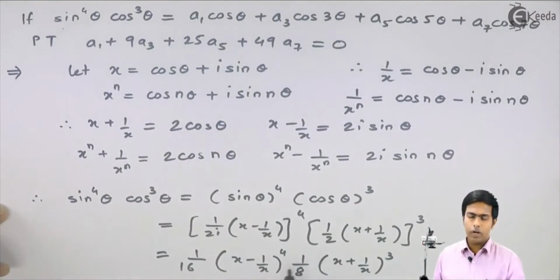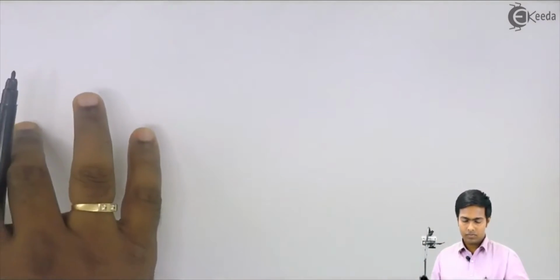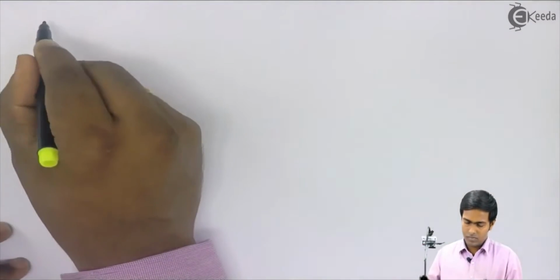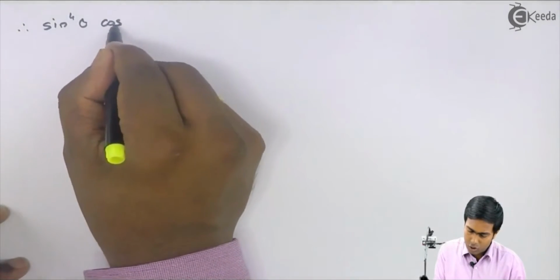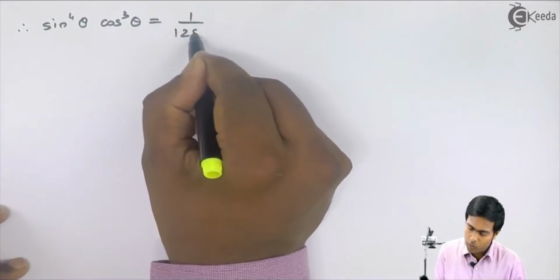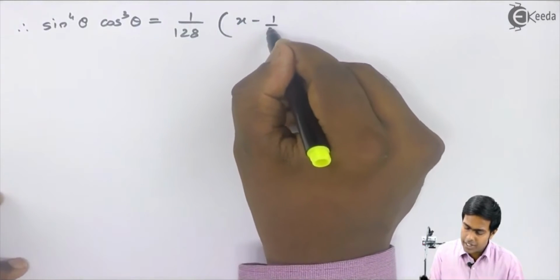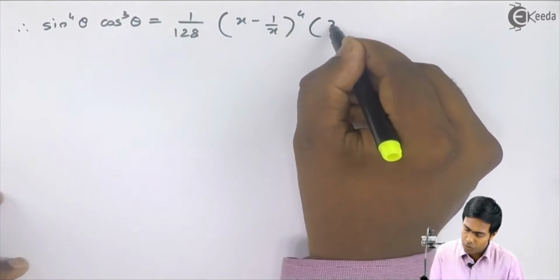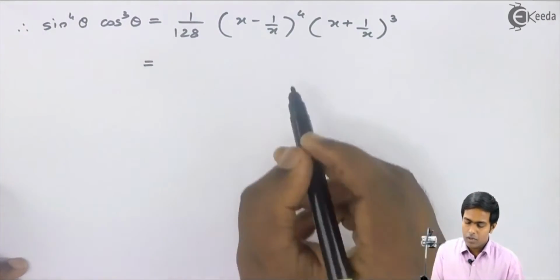Next, 1 into 1 will give me 1, and 16 into 8 gives 128. So we get sin⁴θ cos³θ equal to 1 upon 128, and the remaining terms are (x minus 1 upon x) raised to 4 and (x plus 1 upon x) raised to 3.